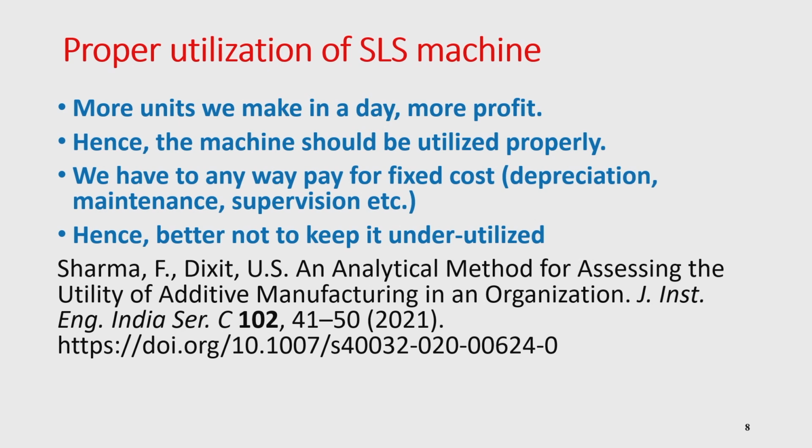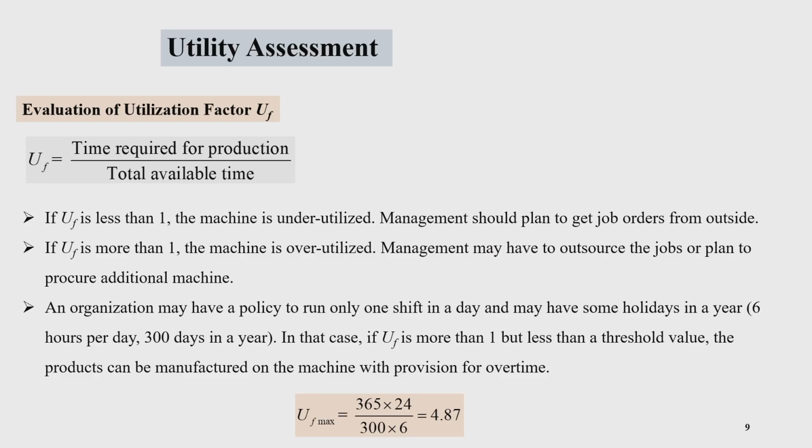So for that purpose, one PhD student wrote a paper, that is published in the Journal of the Institution of Engineers India. It is not in the textbook material, but we are just giving that. So we are talking about the utility assessment, evaluation of the utilization factor.